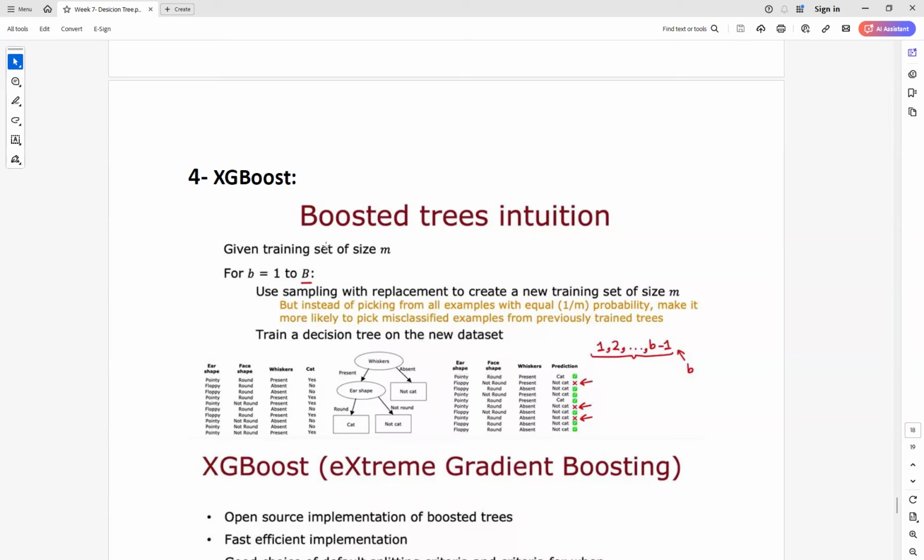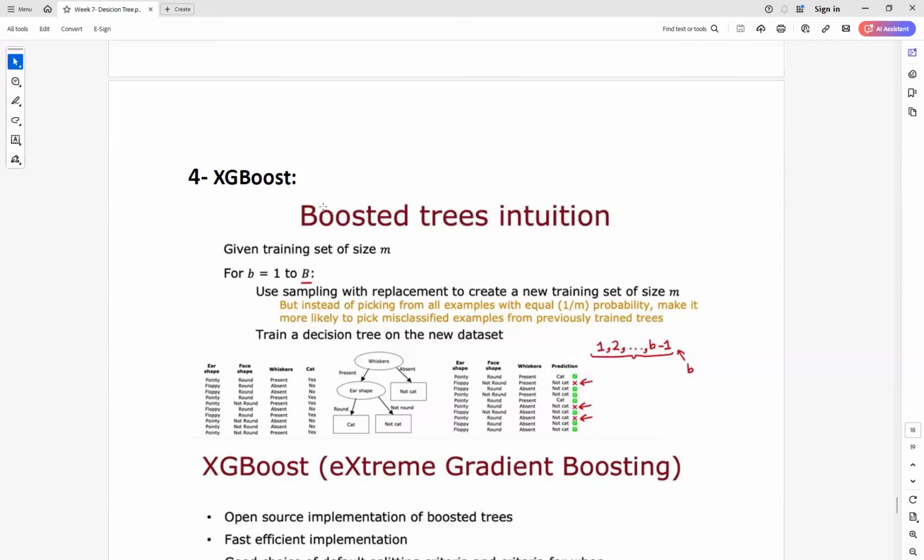So this is the difference between XGBoost and the random forest. It uses the misclassified examples to create the second, third, or fourth data tables to train the next decision trees on, right? This is how it can correct itself and make a better decision.